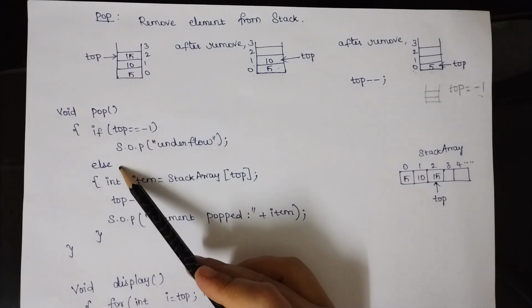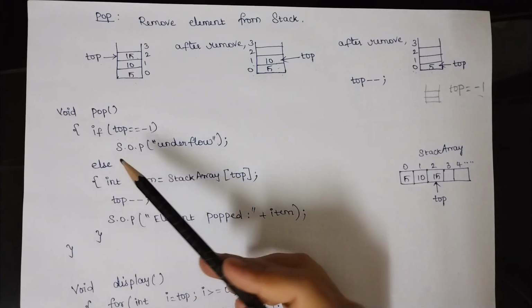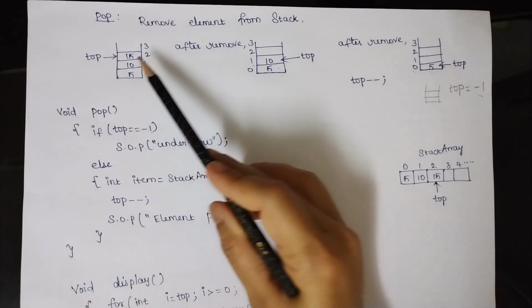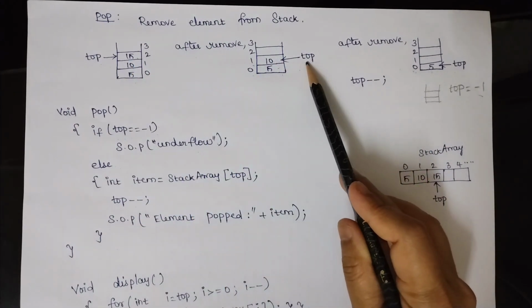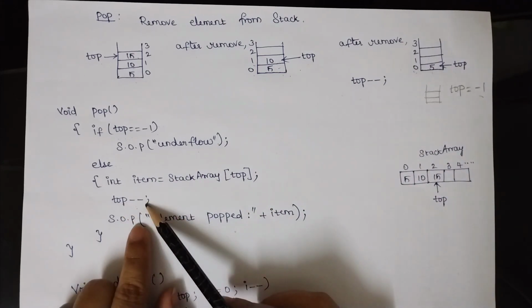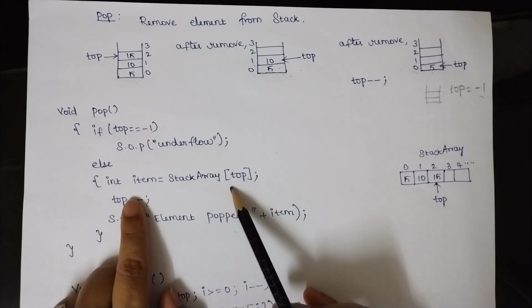Otherwise, if it is not empty, then what you are doing? You need to decrement the value of top. So basically, when you are trying to remove elements, you are decrementing the value of top. That is what is done here. But before this, you can see I have added one more statement.